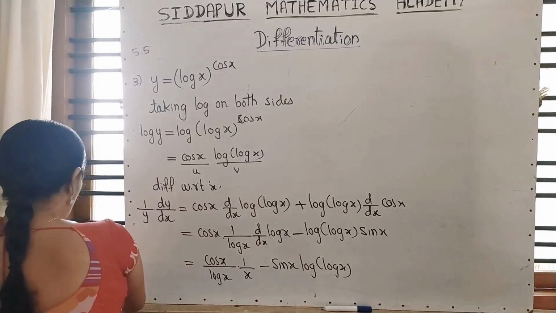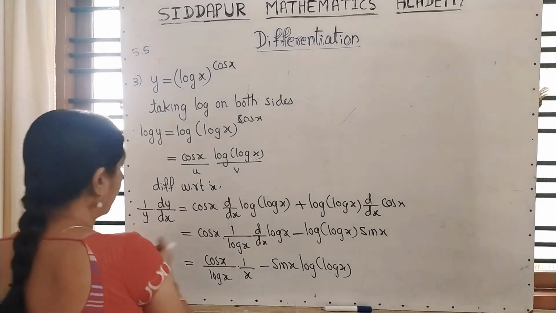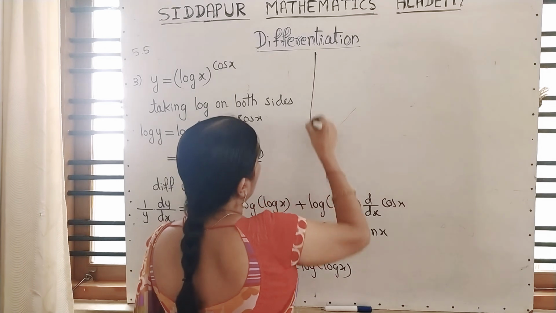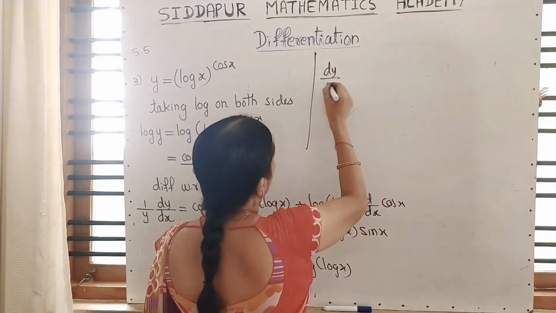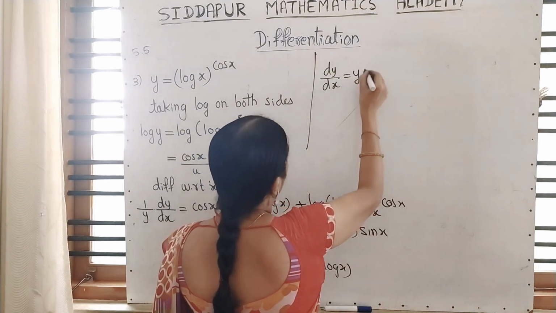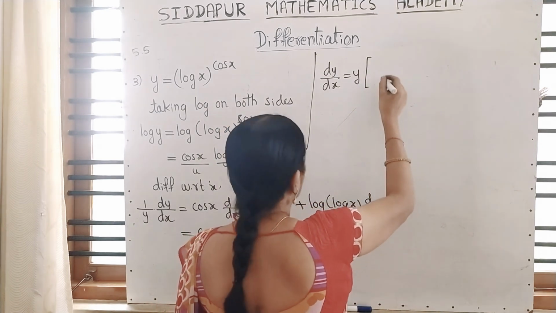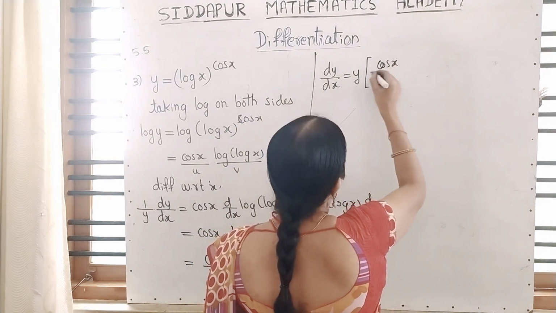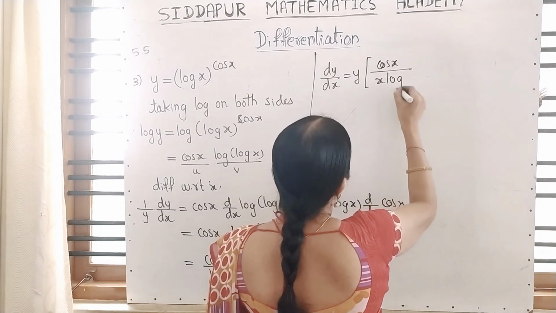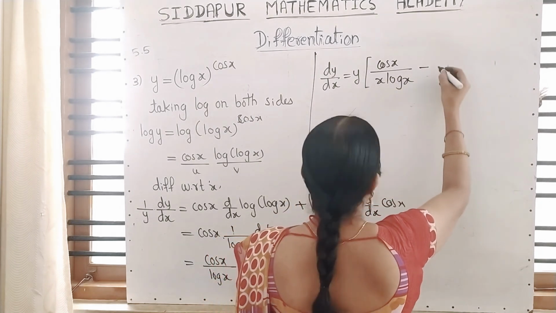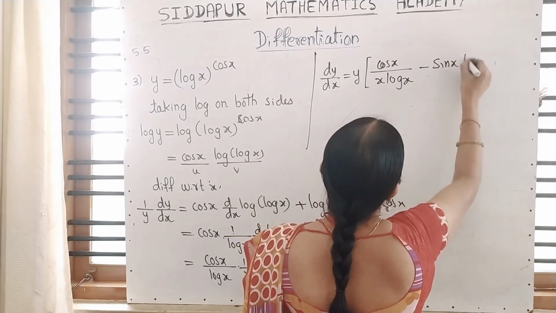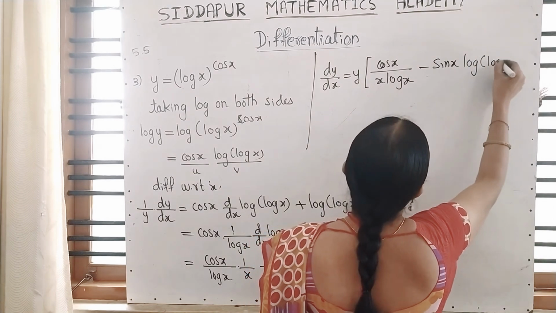Now taking y on that side, 1 by y will be y. So your answer is dy upon dx is equal to y in the bracket cos x upon x log x minus sin x into log of log x.